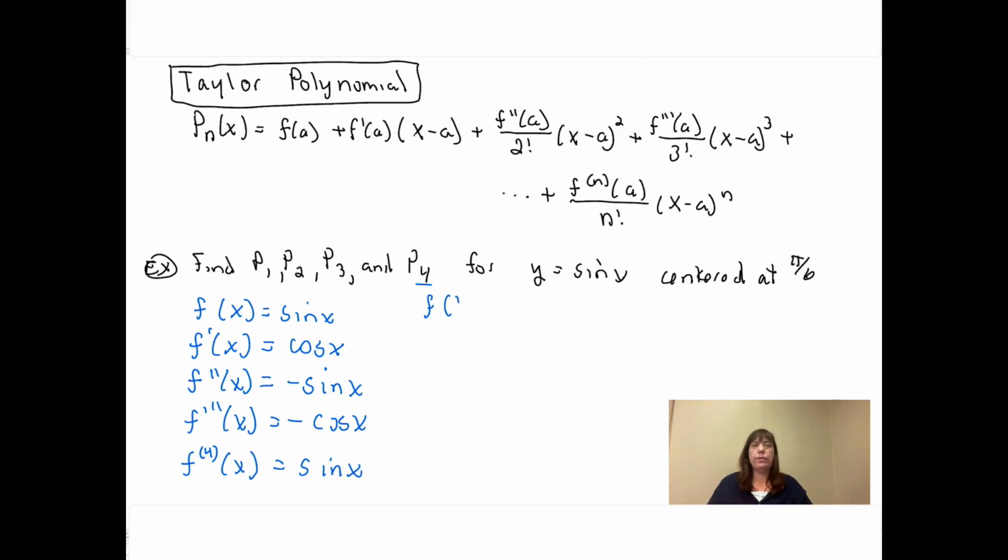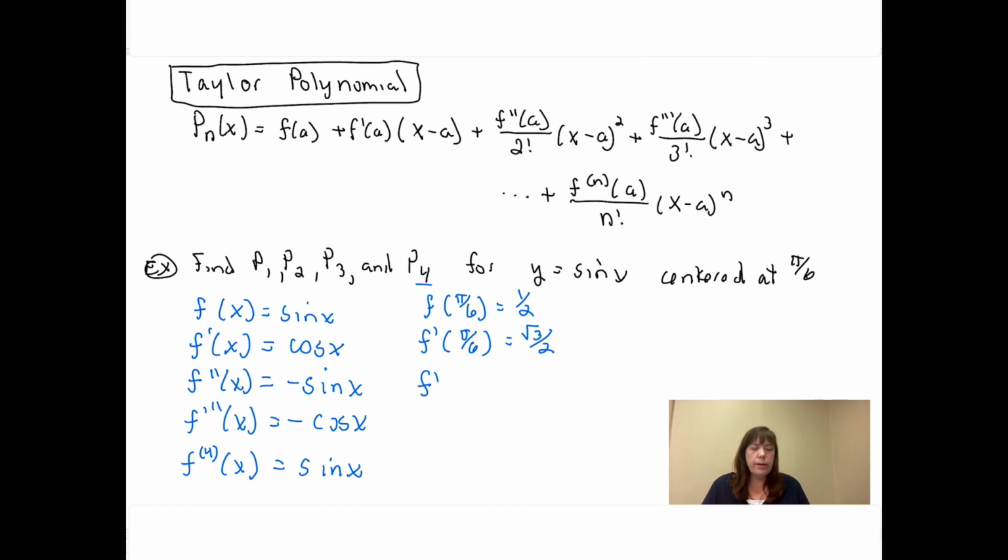So now that we have our derivatives, let's evaluate each of those at our center, pi over 6. f at pi over 6 gives us sine of pi over 6. From our unit circle, we know that's 1/2. Then f prime of pi over 6 is cosine of pi over 6, which is square root of 3 over 2.